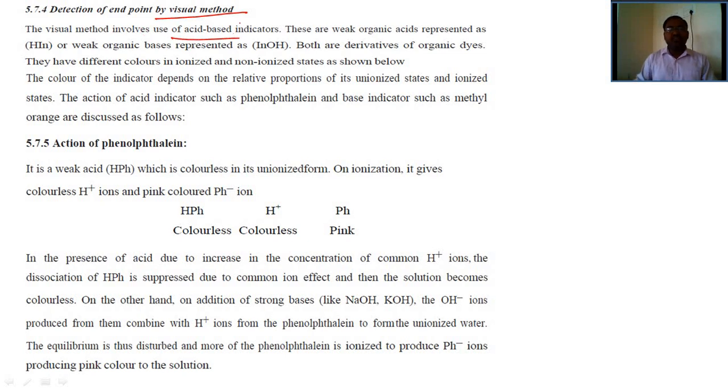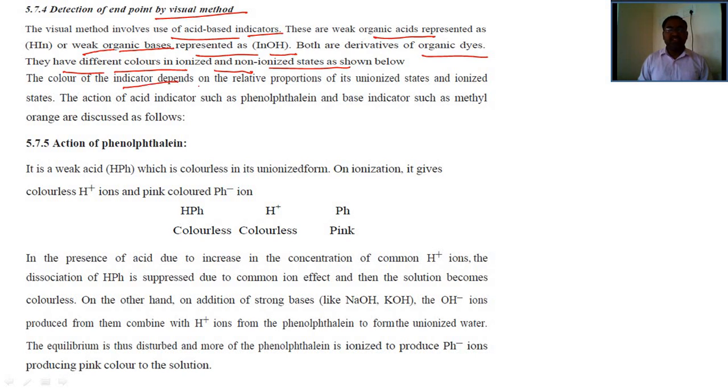The visual method involves the use of acid-base indicators. These are weak organic acids represented as HIn, or weak organic bases represented as InOH. Both are derivatives of organic dyes. They have different colors in ionized and non-ionized states as shown below.